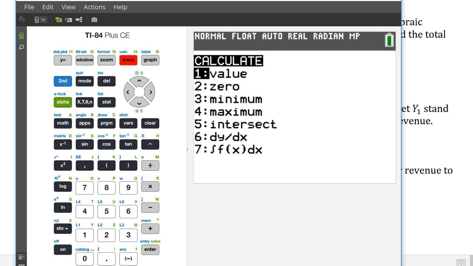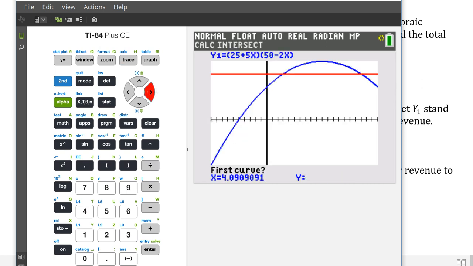And then we do that again, use the intersect feature, and scroll to the other side of the vertex to then hit enter 3 times. Okay, and that is after 17 price increases.